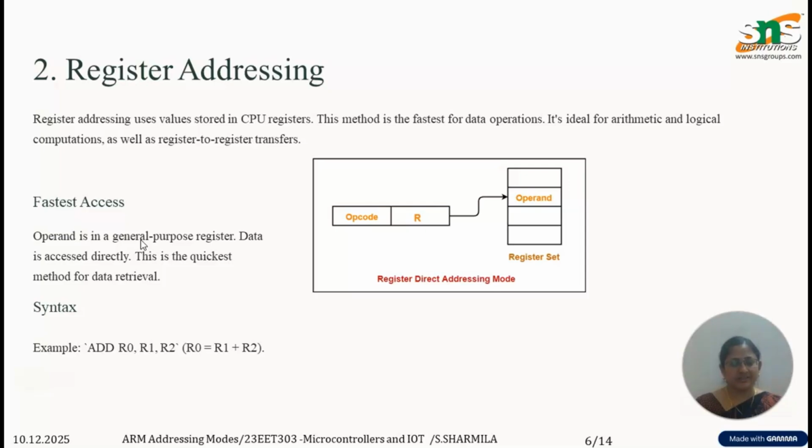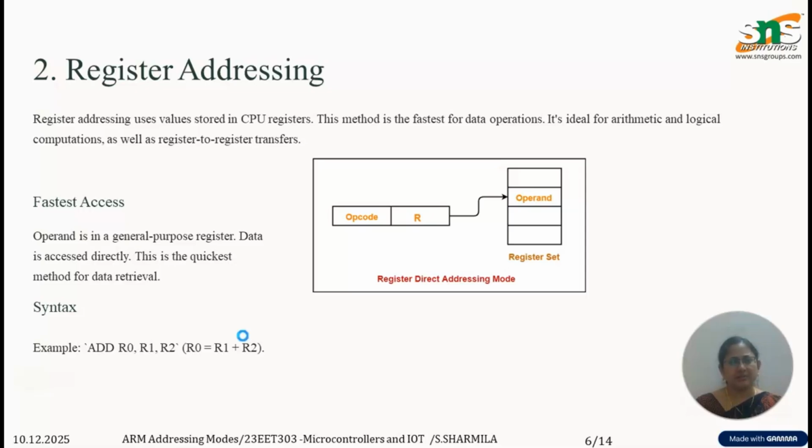That is, R0 is equal to R1 plus R2. The values present in R1 and R2 will be added and the result will be stored in R0. The register addressing is ideal for arithmetic operations, logical operations and data transfers that occur frequently during program execution.